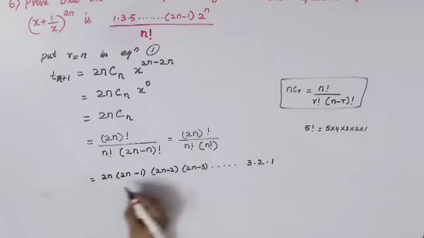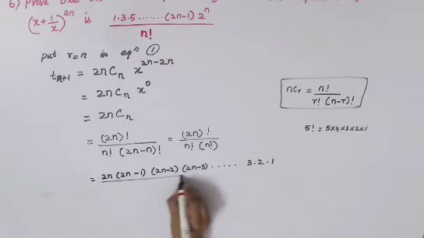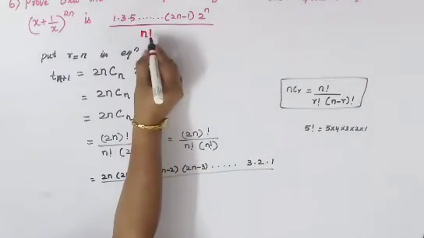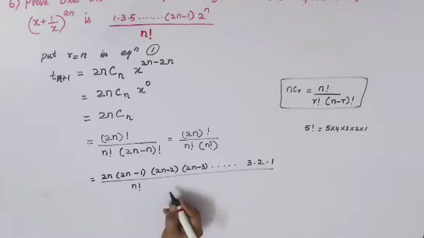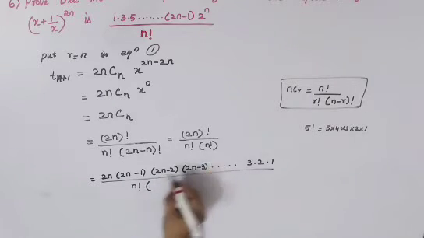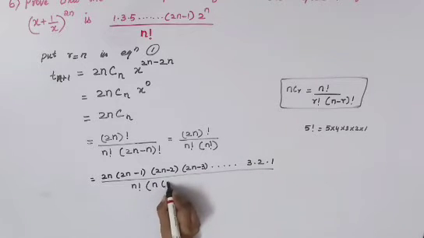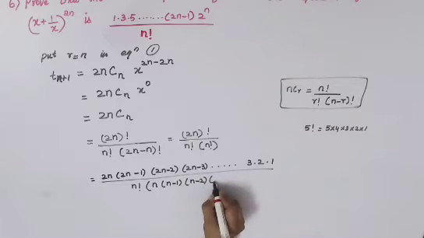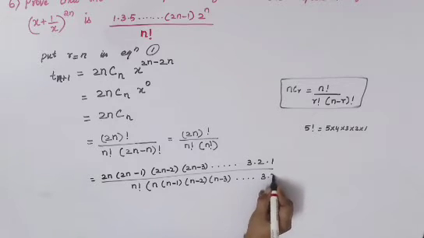Same way like that only 2n is there. So up to 1 you will have to go, divided by, we'll leave this one n factorial as it is because in your answer we have got one n factorial. And the next n factorial we'll just expand it. So n factorial will become n into n minus 1 into n minus 2 into n minus 3 etc. 3 2 1.